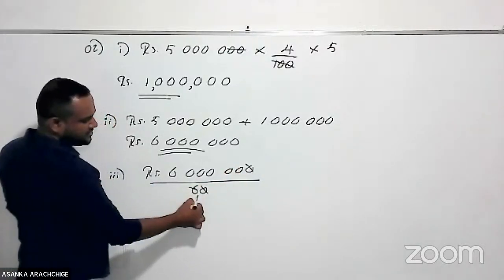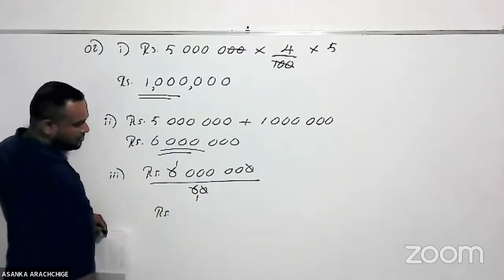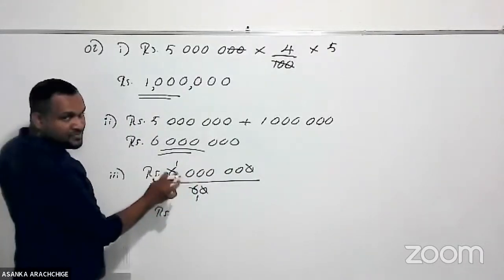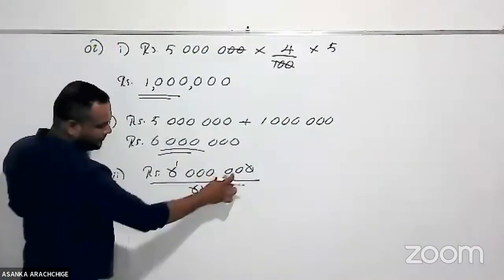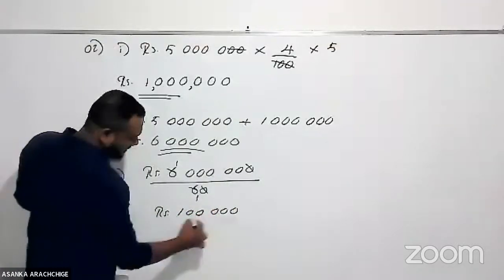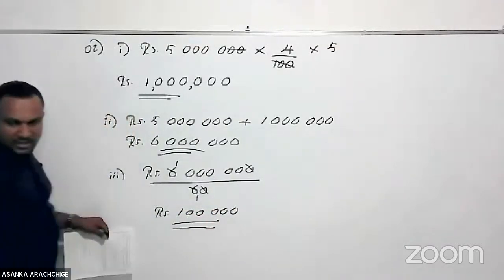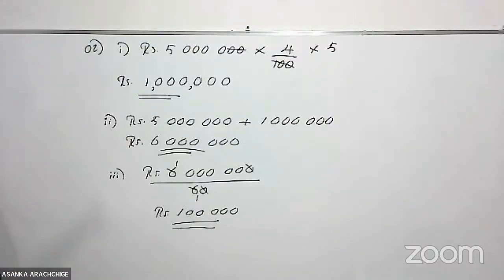Therefore, the value of an installment is 100,000 rupees. Correct? 100,000 rupees.